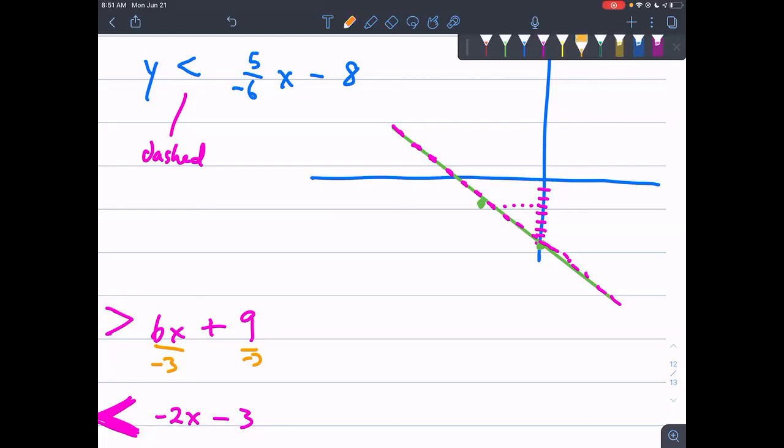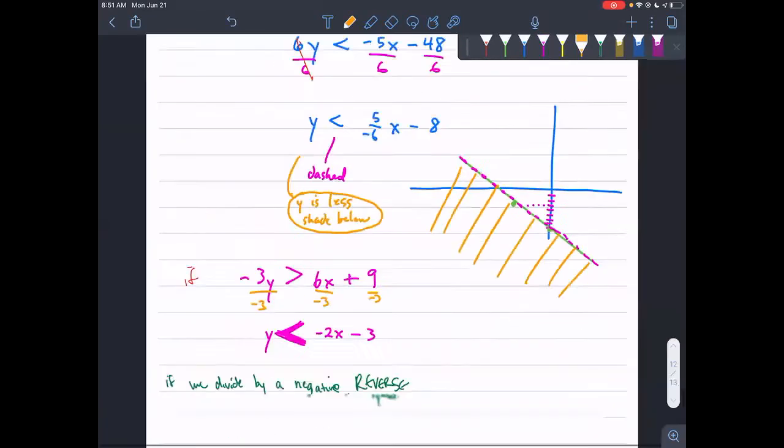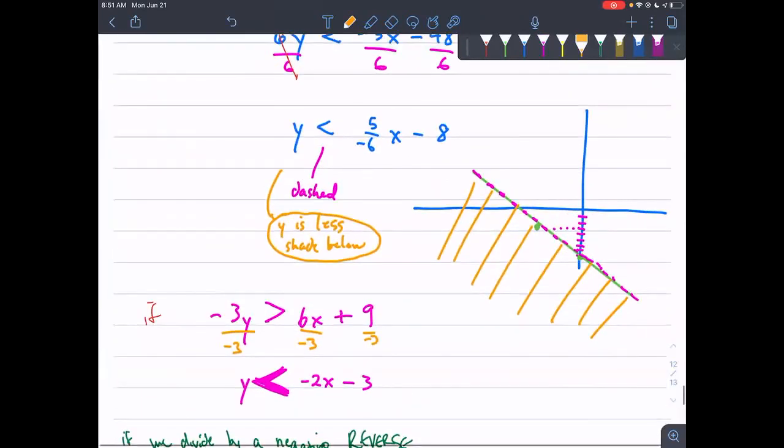Below. Yeah, y is less. So we're going to shade below. Y is less, shade below. So all that stuff beneath that would be shaded.